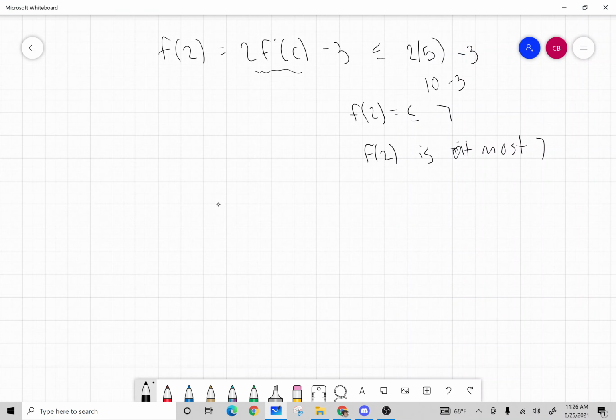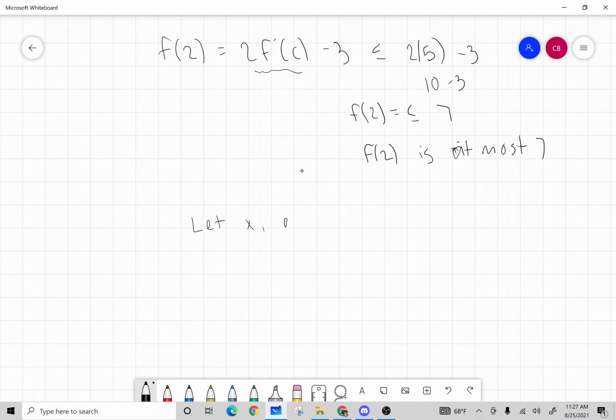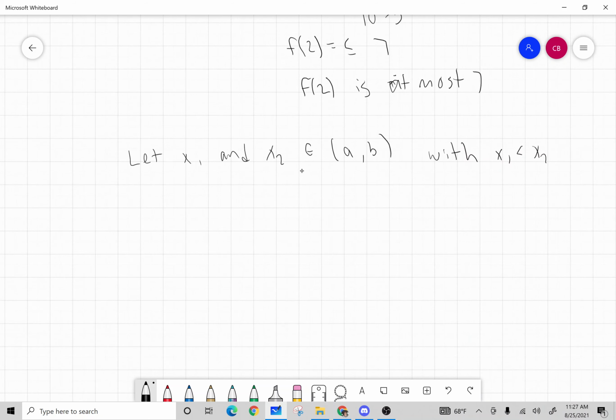So let x1 and x2 exist in the interval (a, b), with x1 being less than x2, just so that we know they're different.